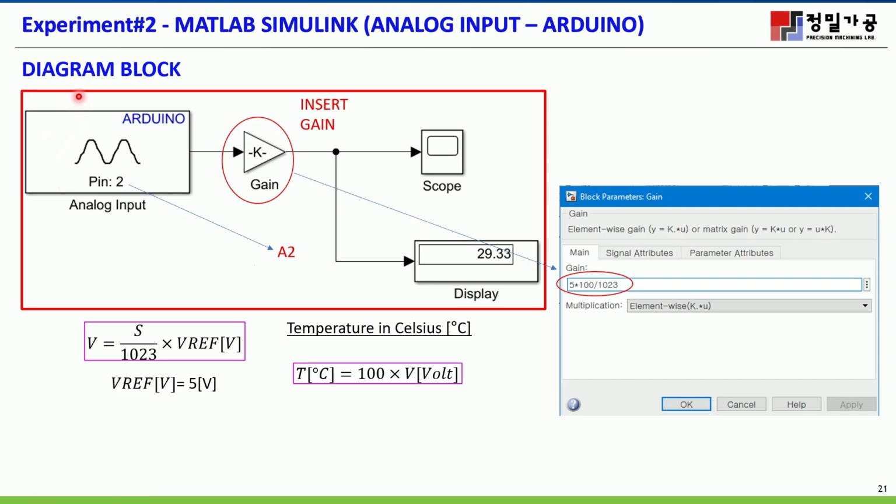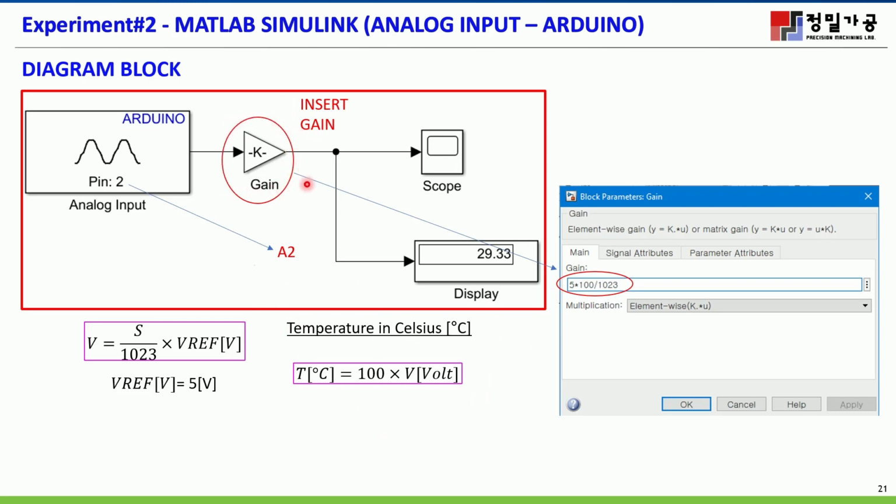The diagram block is similar to the previous potentiometer one. In this case, we just change the diagram input pin to analog 2. This is the voltage conversion, which we already know from the previous slide.